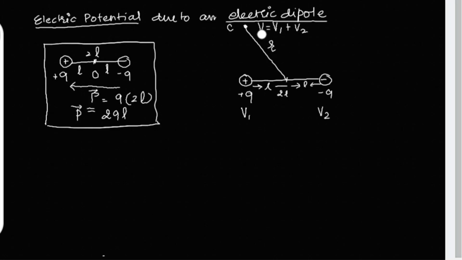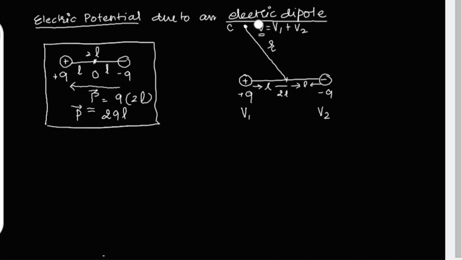Whatever potential is there at point C is due to both the charges, so V is the sum of the two potentials due to plus q and minus q respectively.